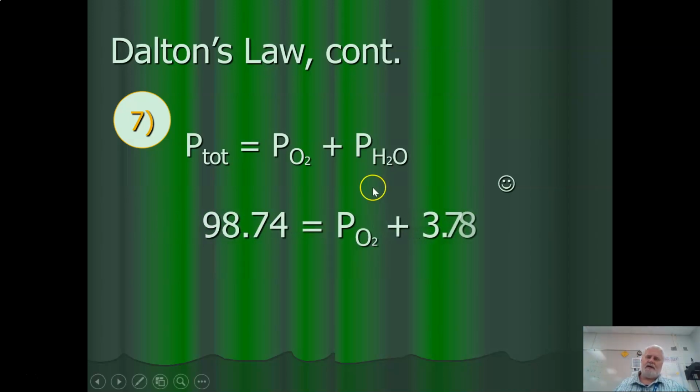So now it just comes to plugging those numbers in. Again, this was given to us in the problem. This is our unknown. This you look up on the blue sheet. At 28 degrees, water will exert a pressure of 3.78 kilopascals.